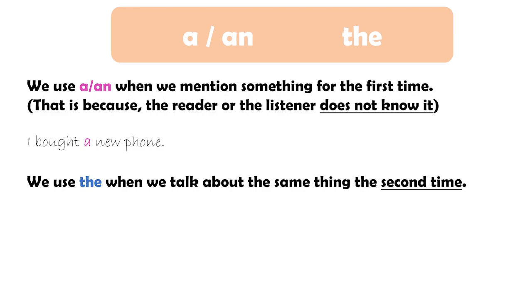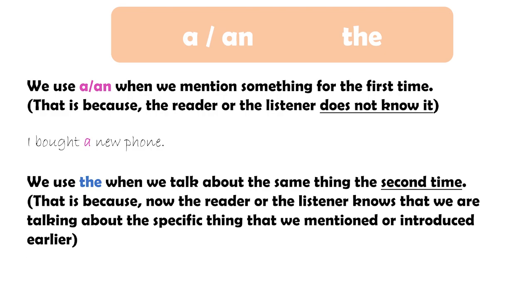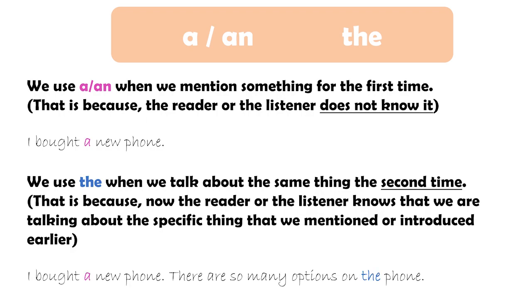But we use the definite article the when we talk about the same thing the second time. Why is that? That is because now the reader or the listener knows that we're talking about that specific thing that we mentioned or introduced earlier. Like the sentence now.